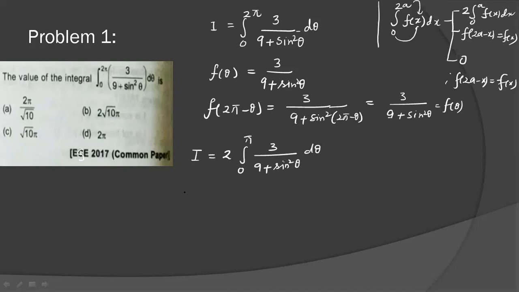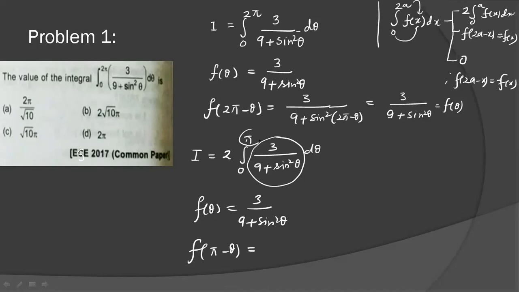Now again, if we see, at pi this value is 0, at 0 this value is 0. It means the value is 3 by 9 in both the cases. So again we will check, but this time 2a is going to be changed. f of theta is 3 over 9 plus sine square theta, but f of 2a minus theta is now f of pi minus theta. Now this will play the role of 2a here.